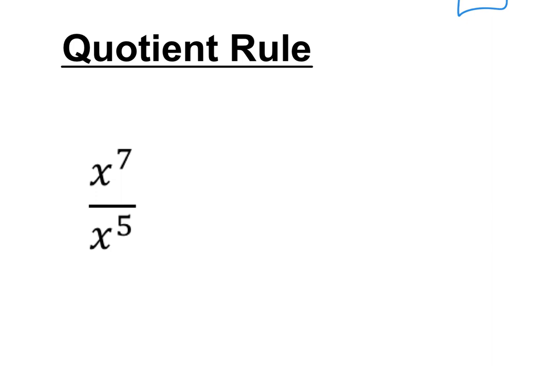The quotient rule says that this is going to be equivalent to x to the 7 minus 5, which is equal to x squared. And that's your solution, and we're done. There's nothing left to that piece of it.